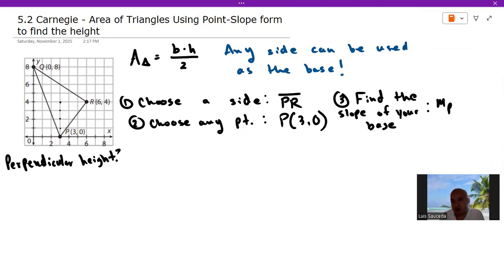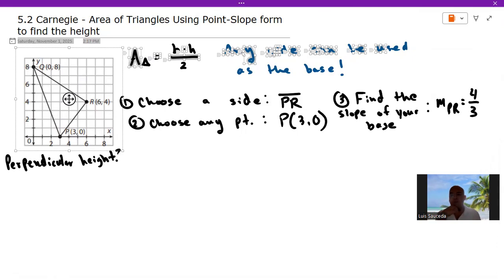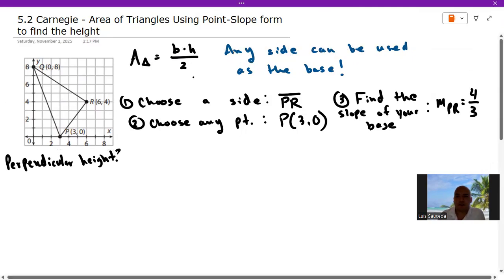And going over 1, 2, 3, that's 3. So my slope for PR is 4/3, and it is a positive slope. I'll leave it like that for now. We'll go back to this because we are going to have to calculate the measurement to find the distance.